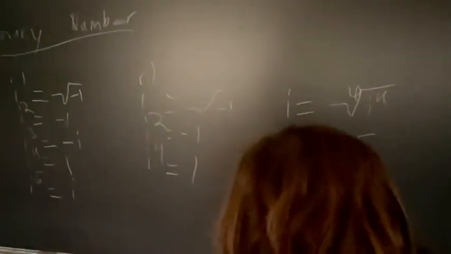So i to the first is the square root of -1, i squared is -1, i to the fourth is 1. Does that mean i is equal to the fourth root of i to the fourth? Yeah, so that means i is equal to the fourth root of 1. So i is equal to 1.